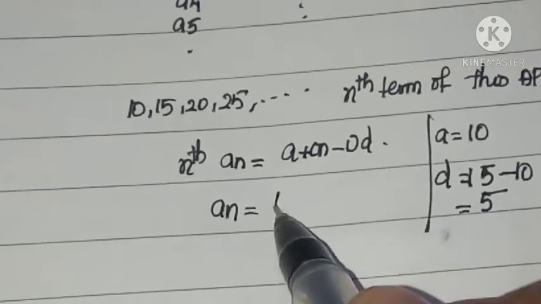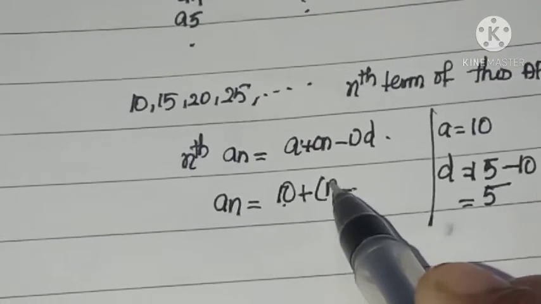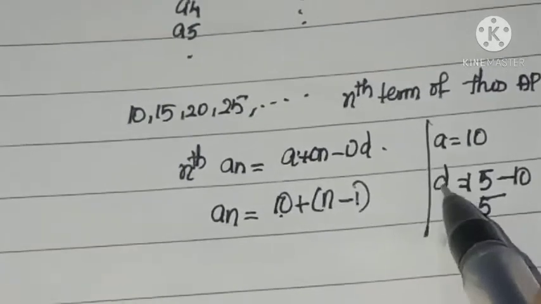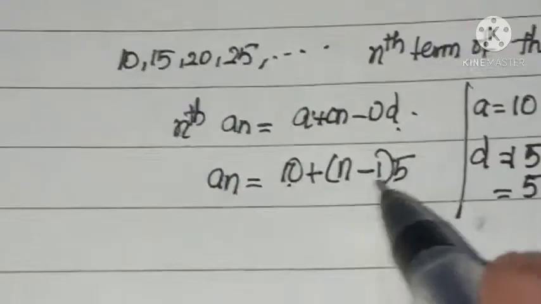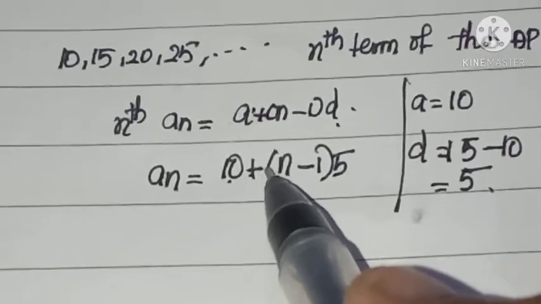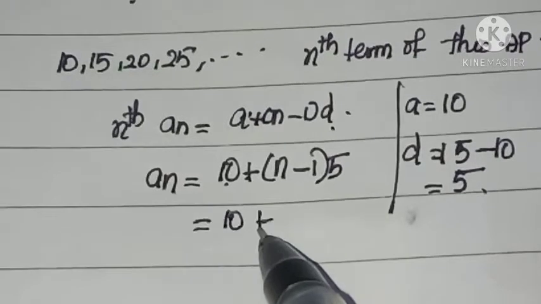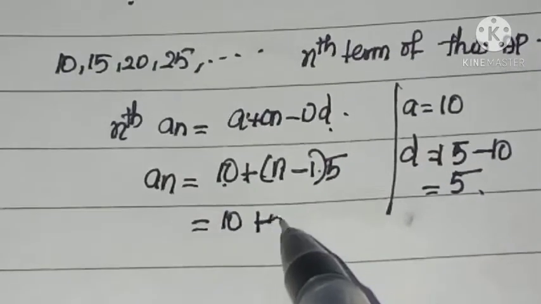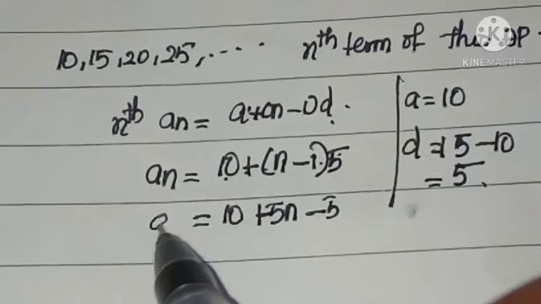So what is an? an equals a, and a is 10, plus n minus 1 into d. n we don't know, so write it as such. d is 5. Now simplification. First, open the bracket. We get 10 plus 5n minus 1 into 5, which is minus 5.